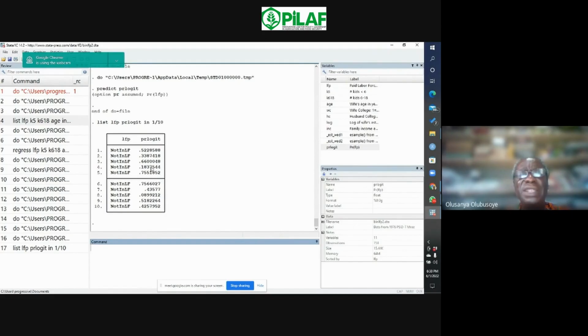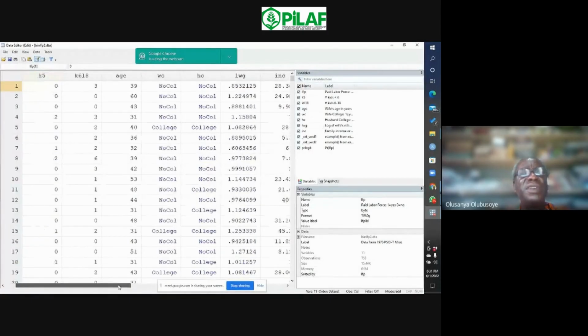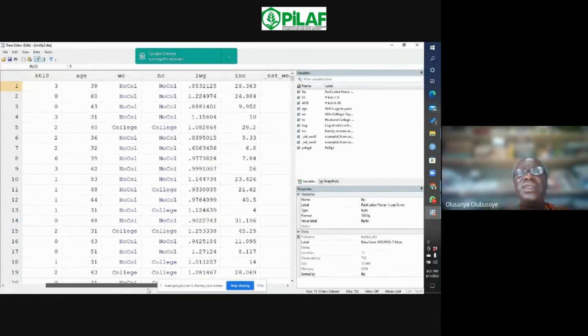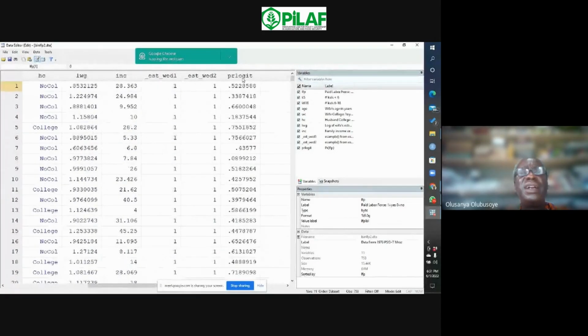This probability is very low. This is fairly high, and so on. If you go to the data, you will see the probability that each woman will participate in the labor force.